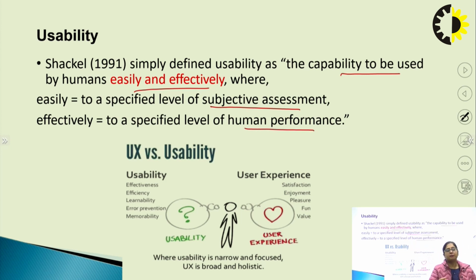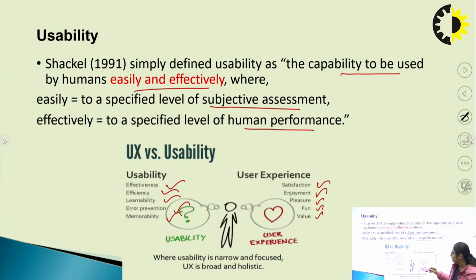Effectively deals with the performance, and easily means how easy it is for your customer. So this is user experience versus usability. Usability gives you the effectiveness of your product, efficiency, learnability, error prevention and memorability. And the user experience will give the satisfaction, enjoyment, pleasure, fun and value.